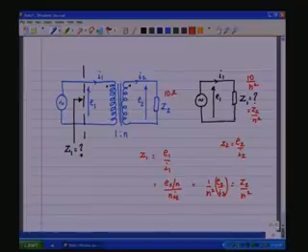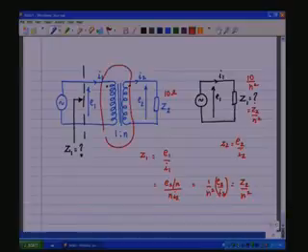A real 10 ohm load is seen as 10 ohms by N square by the source. So, actually the transformer is doing a transformation on the impedance value, and that is a very powerful feature, especially when you want to match the impedances of the primary side circuit and the secondary side circuit.